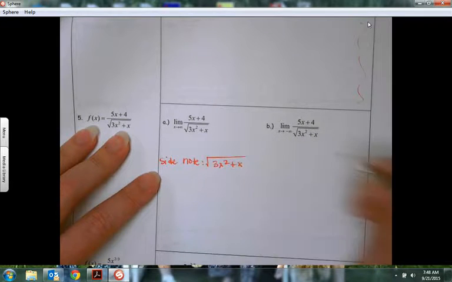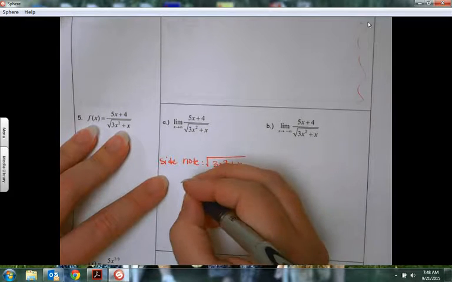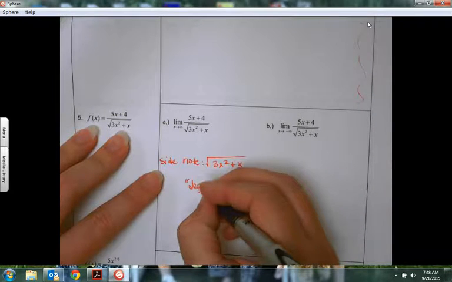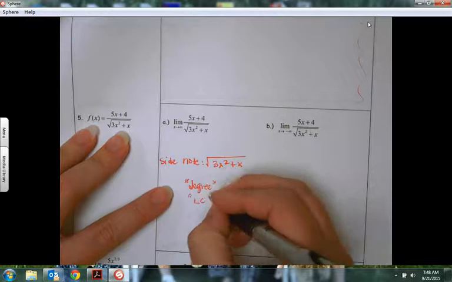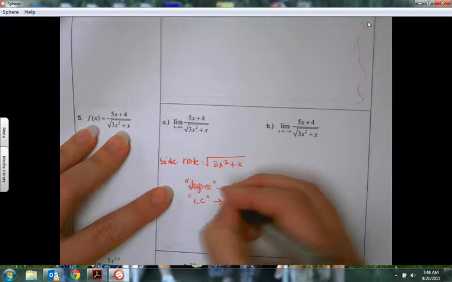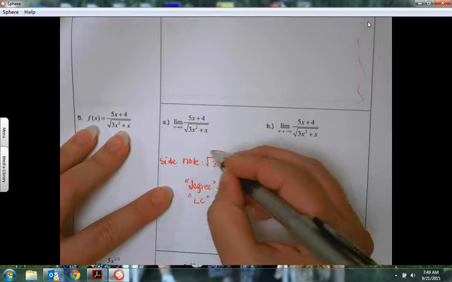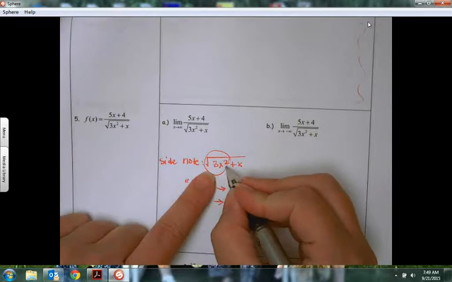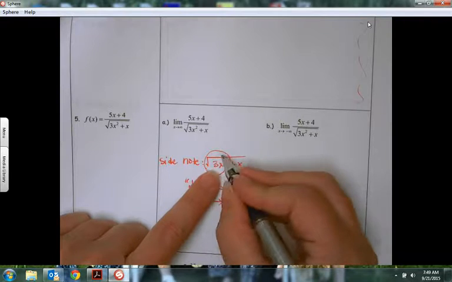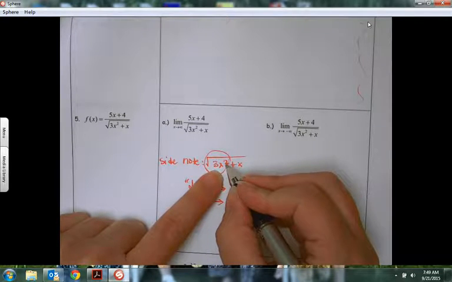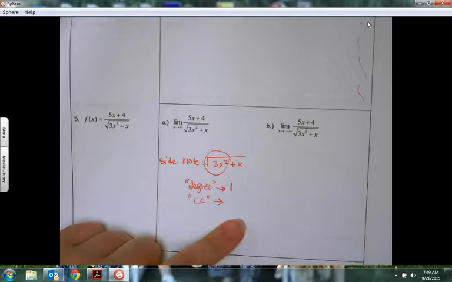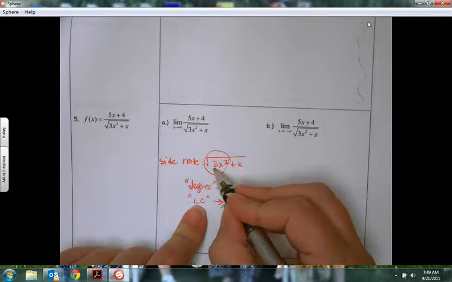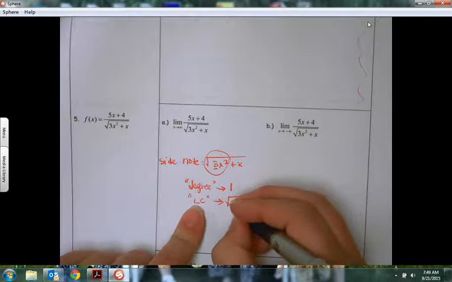So this guy right here, if I was to talk about the degree or the leading coefficient as if it would be a polynomial, I'd be looking at this right here. So the degree isn't 2, it's the square root of the x squared here, so it would actually be a degree of 1. And the leading coefficient isn't just a 3, but a square root of 3.